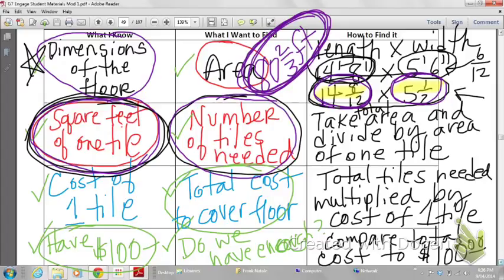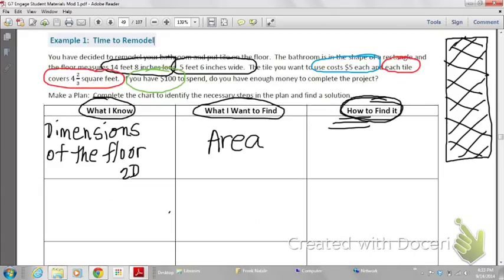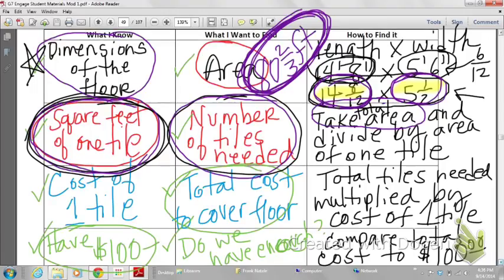Remember, the plan is to take the total area, which was 80 and 2 thirds, and divide by the area of 1 tile, which I've forgotten, is 4 and 2 thirds square feet.